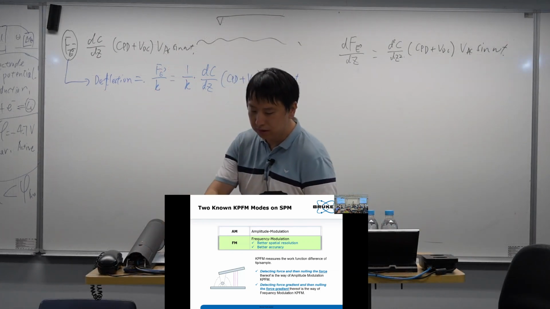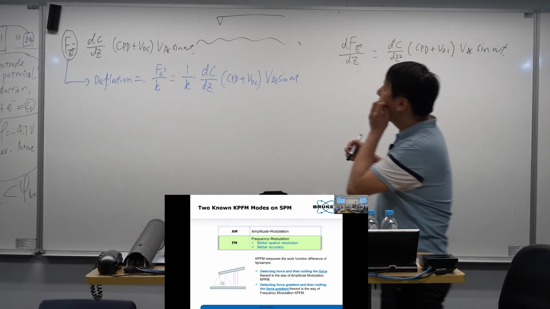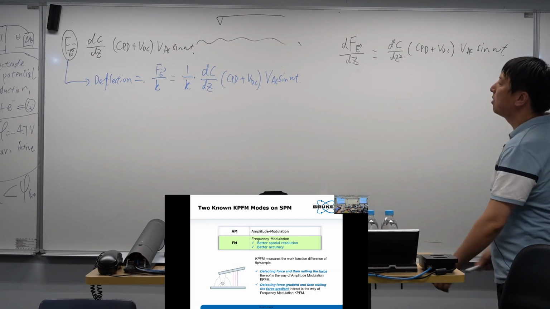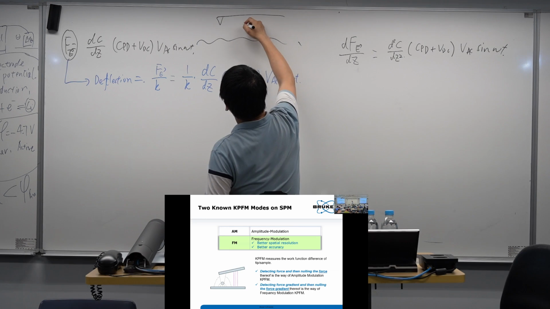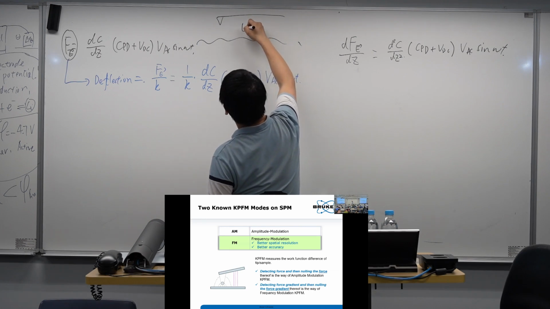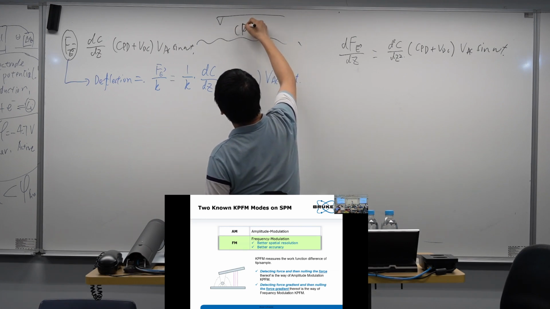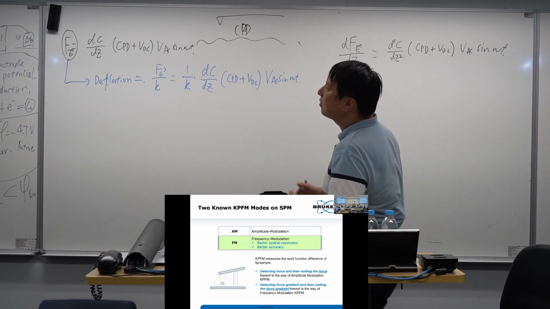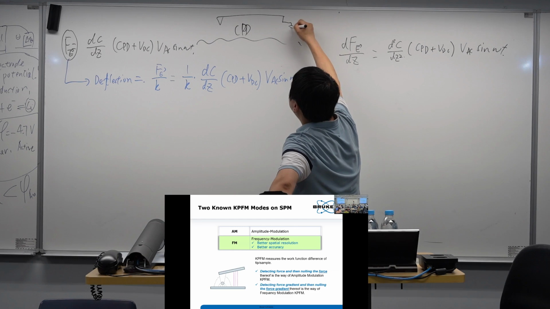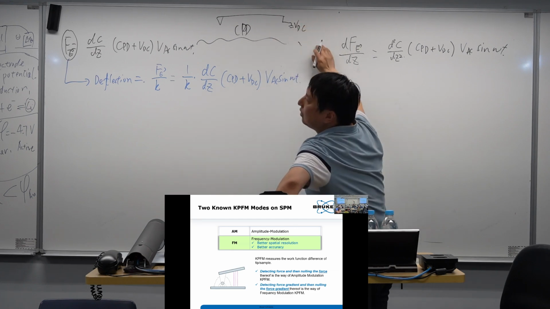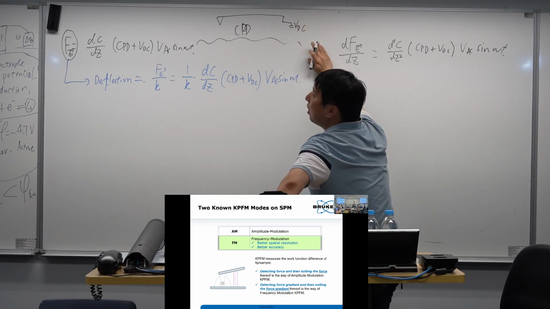Okay, let's continue. So we just described something about KPFM. There is a potential difference between the tip and the sample, and we use the Kelvin method to apply VDC to get this contact potential difference out.